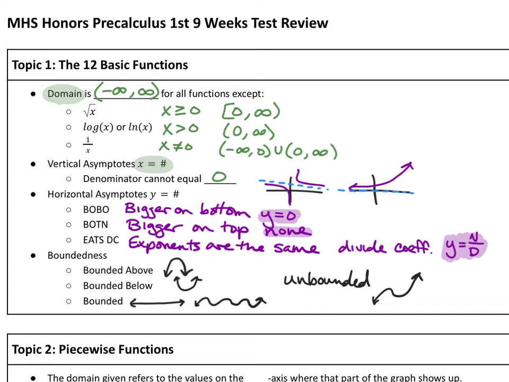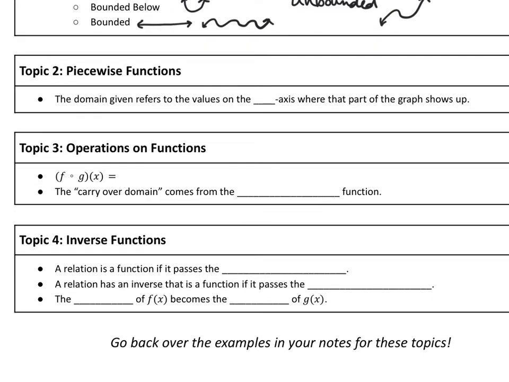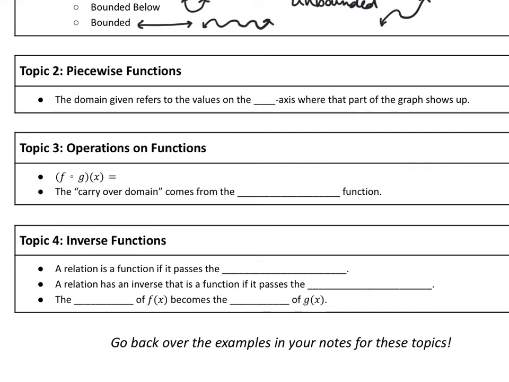After we talked about the 12 basic functions this 9 weeks, gotta get used to saying that, we went over piecewise functions. So one of the main things that I noticed students getting stuck on is when we talked about the domain for piecewise functions, or the part of the piecewise function after you have the equation, like f of x equals, I'm just gonna make this up right now, x and x plus 3.